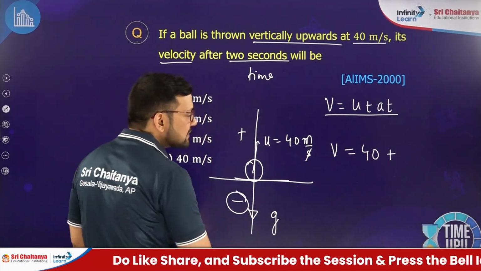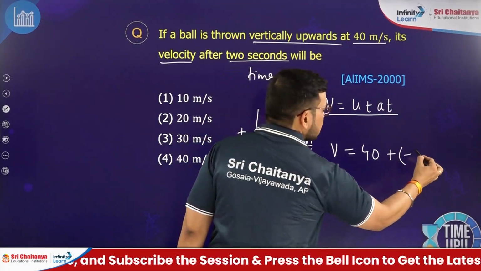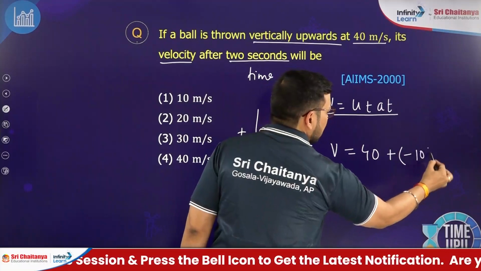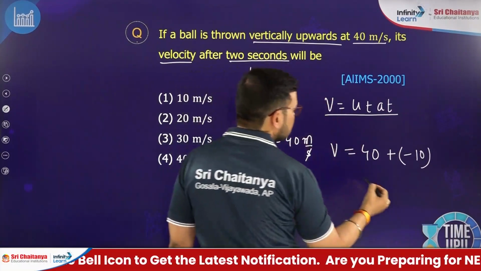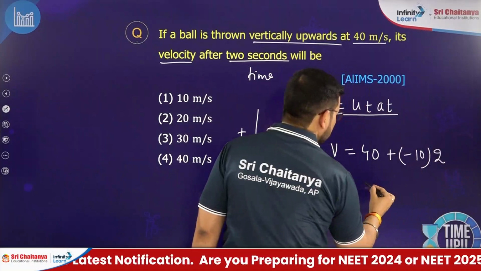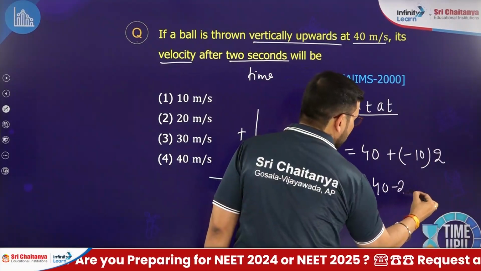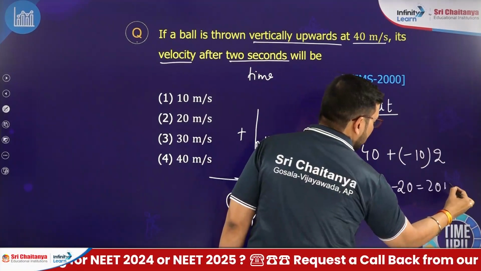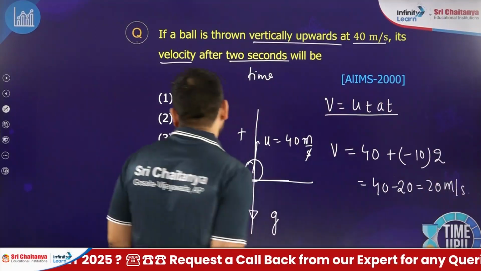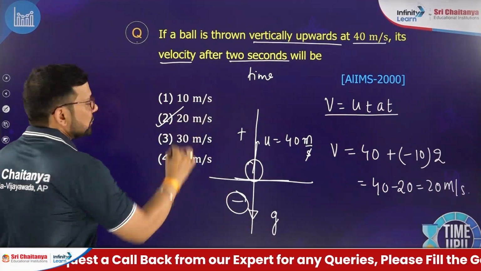Downward is what on the axis? Minus g, that is 10. Time is always positive, and it is 2. So that is 40 minus 20, which will be 20 meter per second. So we will look for the option 20 meter per second.